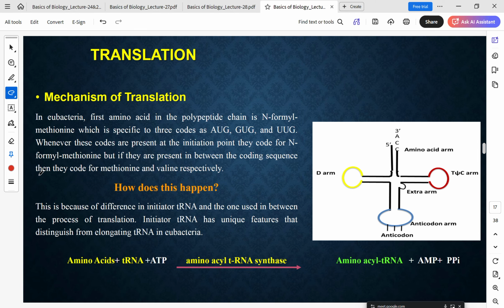In case of eubacteria, the first amino acid in the polypeptide chain is N-formyl methionine, which is specific to AUG, GUG and UUG. Whenever these codons are present, it's the initiation point where there will be an N-formyl methionine, but if these sequences are present within the coding sequence after the first initiation, then they code for methionine and valine respectively.